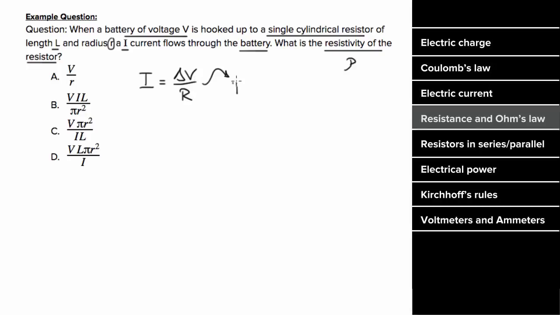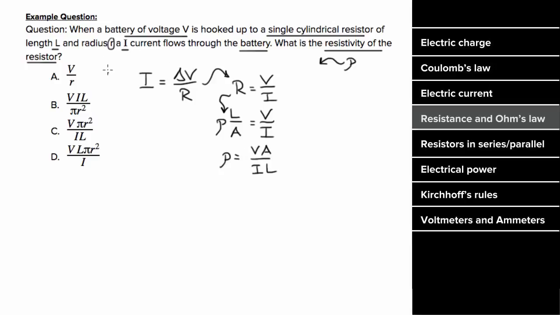And this means the resistance of this resistor is going to be the voltage of the battery divided by the current. To factor resistivity into this, we have to use the formula for the resistance of a cylindrical resistor, which is rho times L over A. This gives us the resistance of the resistor, which has got to equal V over I. And now we can solve for the resistivity rho. We get V times A over IL.